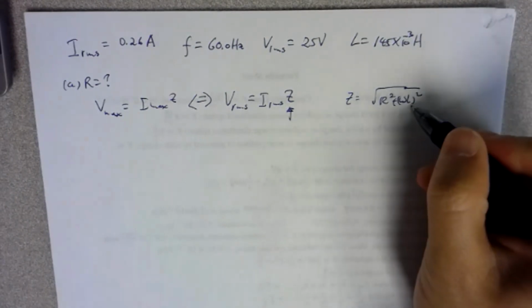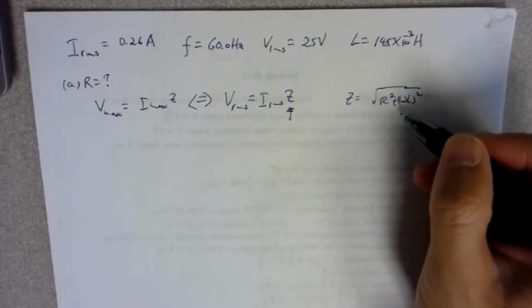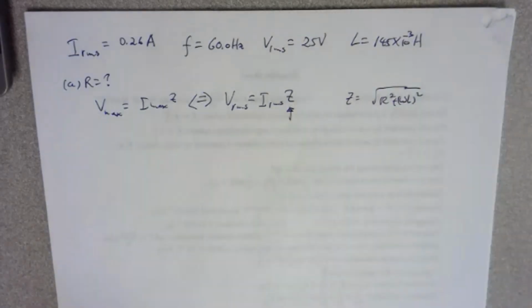Then we can calculate this given the frequency, so omega can be calculated, okay? So first, let's calculate Z. Z is going to be equal to V RMS over I RMS, okay?